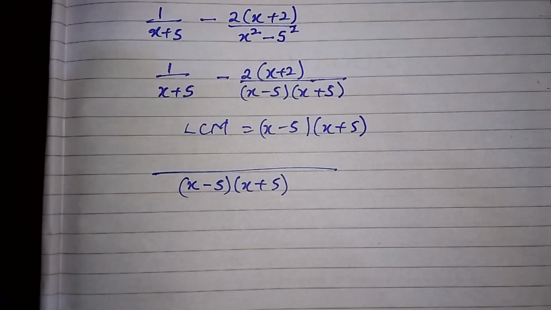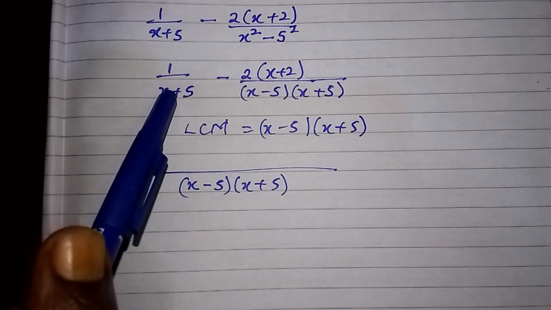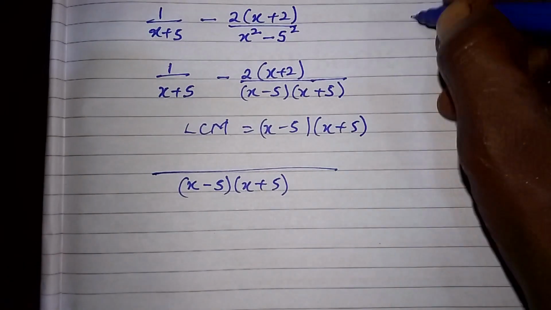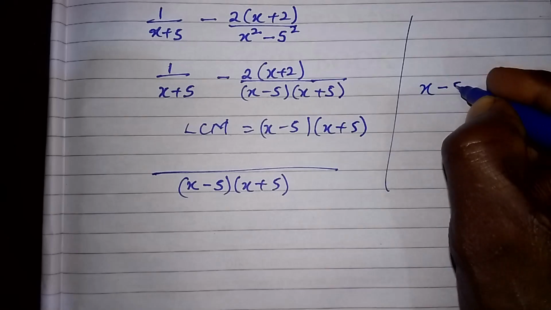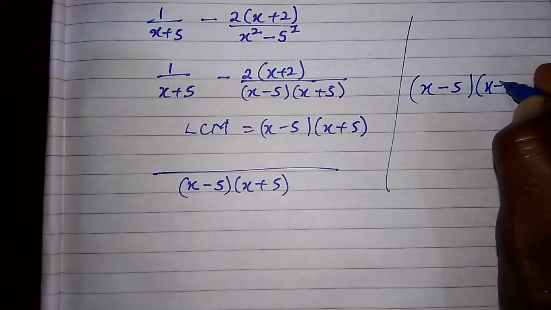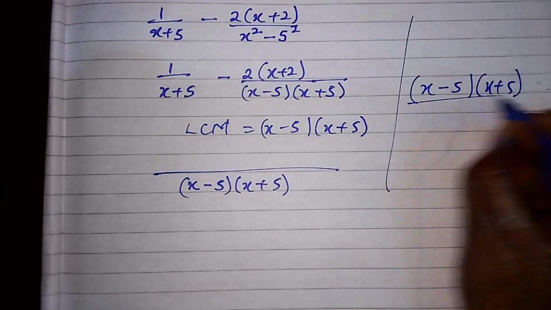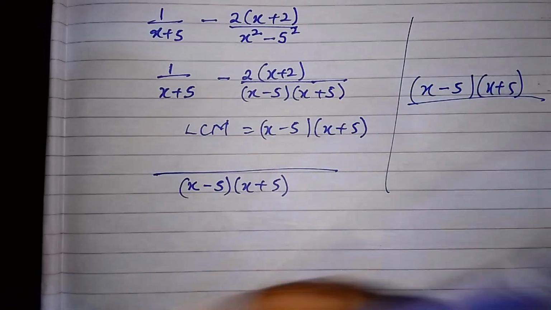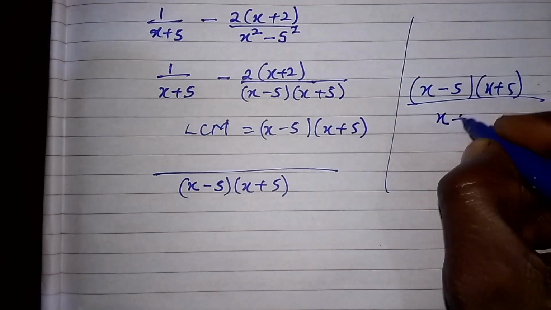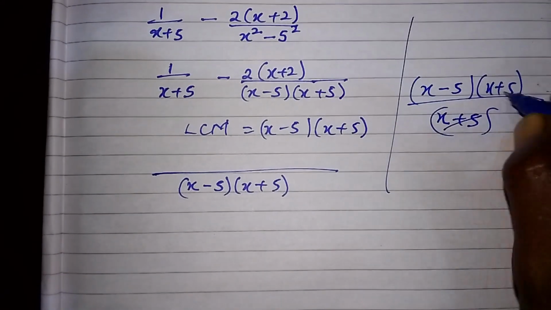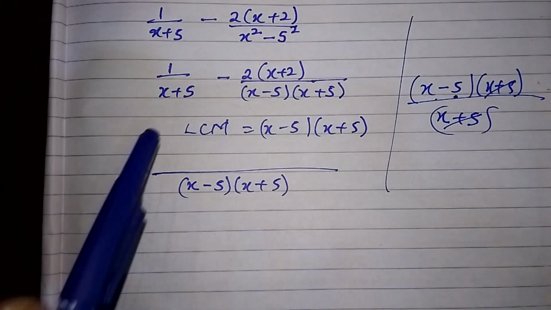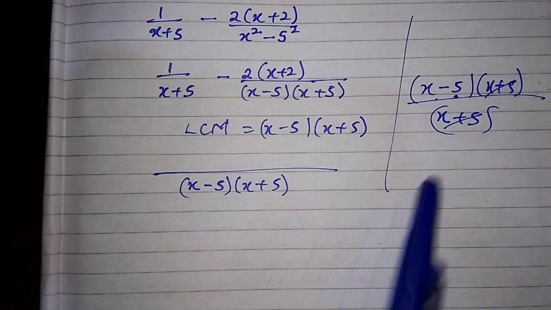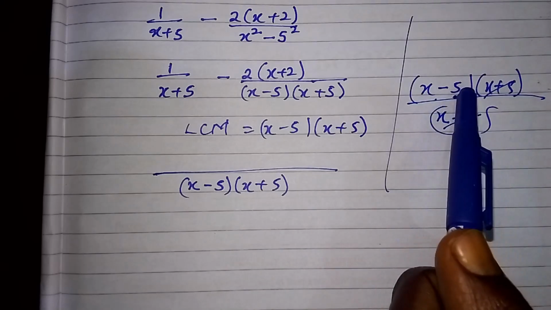It is just like dividing the LCM by the denominator here. So when I do that, I have, this is the LCM, x minus 5, x plus 5. So dividing this by the denominator of this, which is x plus 5, this will cancel this, leaving x minus 5. So it means that x plus 5 goes into this LCM x minus 5 times.